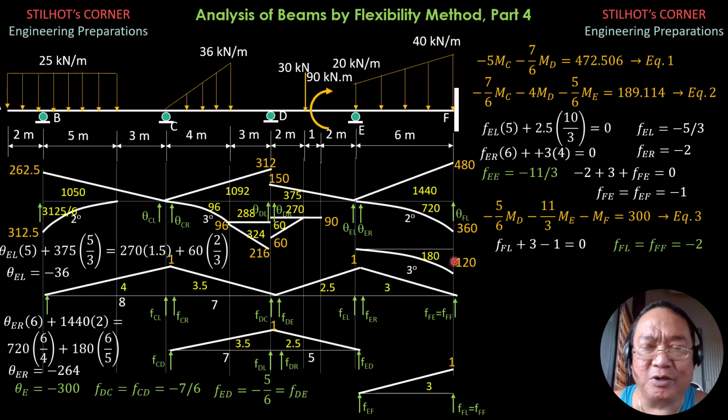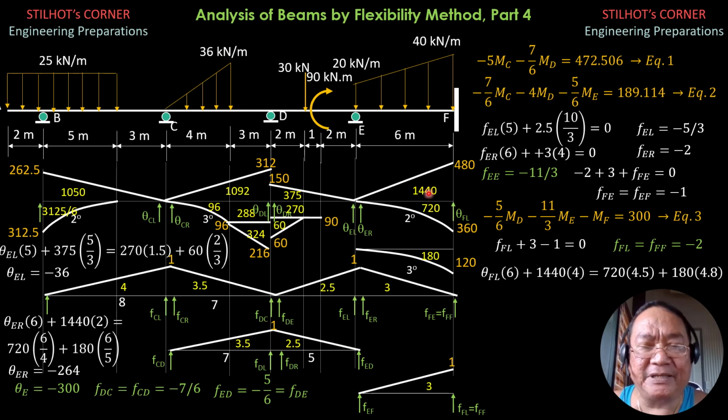We haven't yet solved theta F, so to solve for theta F, let's solve for theta F left, considering this span. So theta F left times 6, summation moment here, plus 1440 times 4 moment arm equals 720. This is 6 over 4, 1.5, so its distance from the left is 4.5.